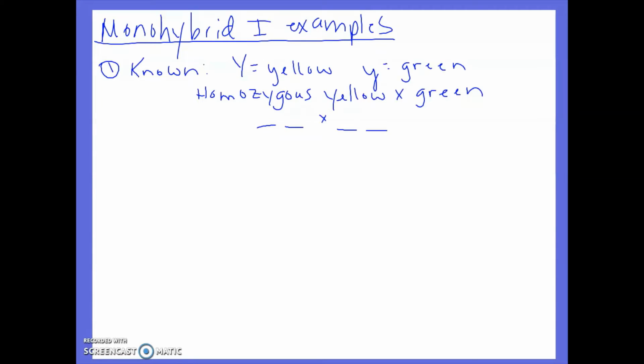Homozygous means 2 of the same alleles, and it shows the yellow phenotype, so we would have capital Y, capital Y. Green is the recessive phenotype, so it has to be homozygous recessive, or little y, little y. Our unknowns for these problems are going to be the genotypic and phenotypic ratios.